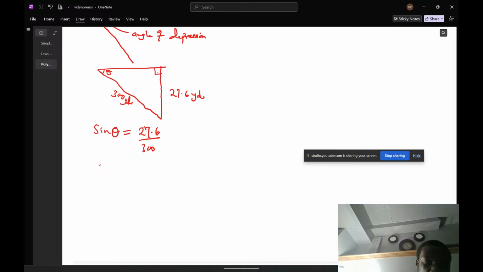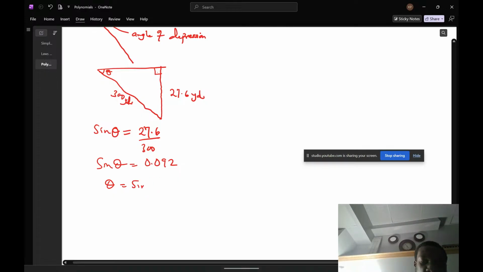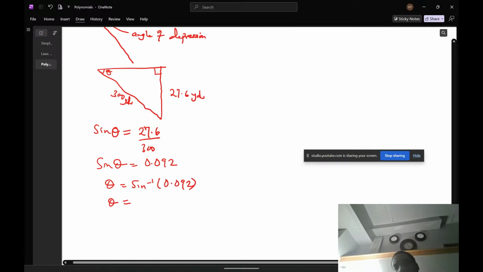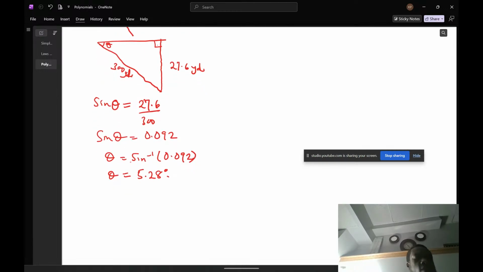So sine theta is equal to 0.092. Now we're going to look for the arcsine of 0.092. Let me punch that in the calculator. So shift sine 0.092. So that will be 5.28 degrees. Okay, that will be the angle of depression.